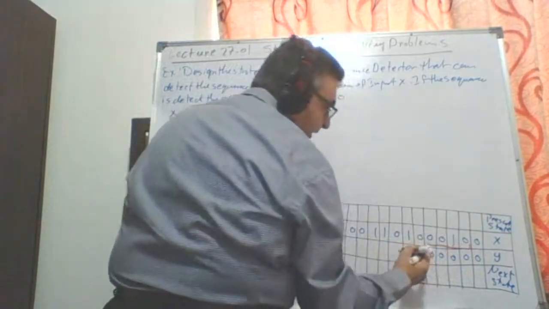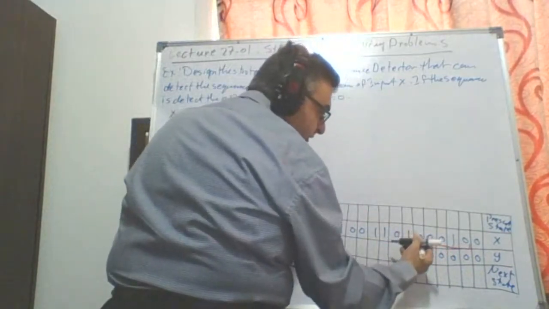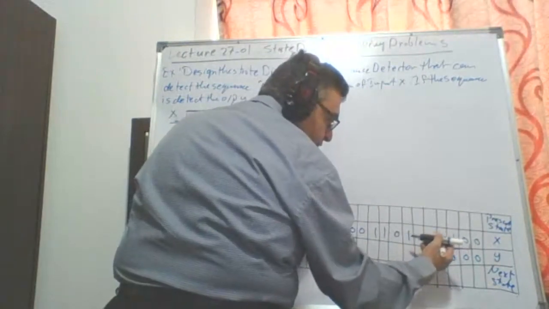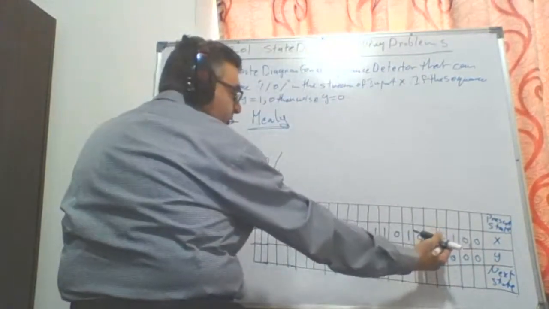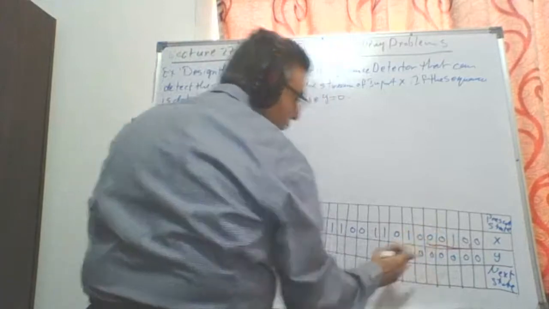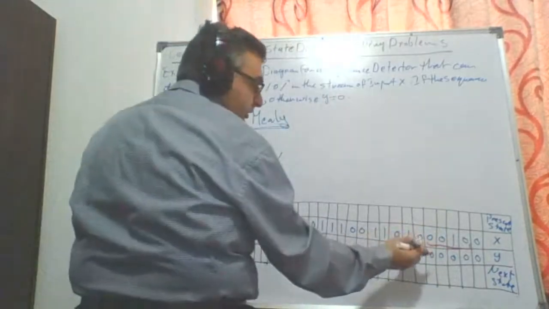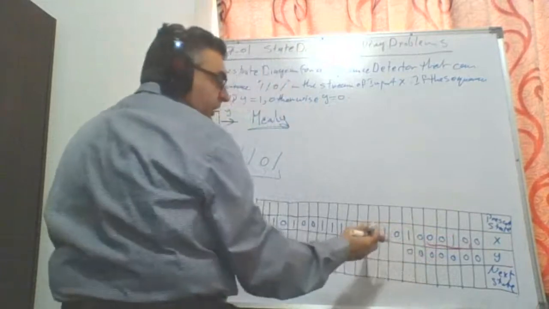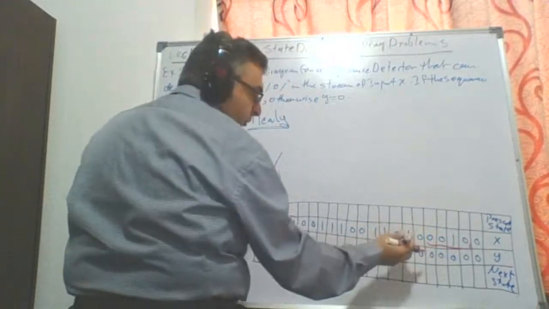So Y should be 0. You get 0 again. Now when I go to this, I want to remember 1 0 0 0 1. Does this match this pattern? No. So I have an output again 0. Here 0 0 0 1 not matching, so 0. And so on, keep going.